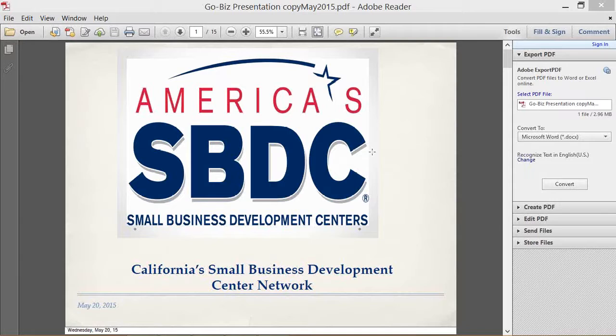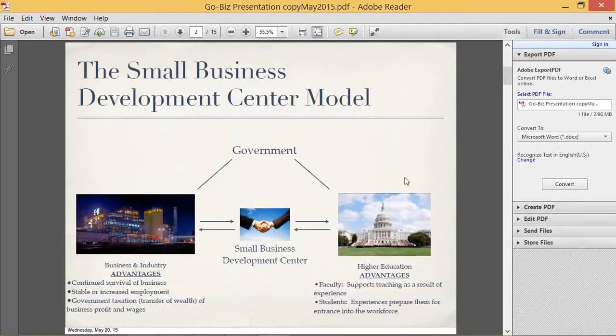The Small Business Development Center program is a partnership between the public and private sector. It has been in existence for 35 years. We are a nationally accredited program, and it's an opportunity where we can bring together the business community, the academic community, and the public and private sector so that we can leverage resources.